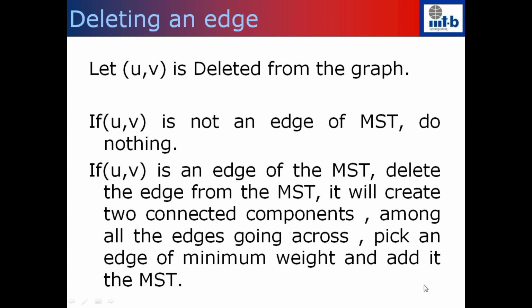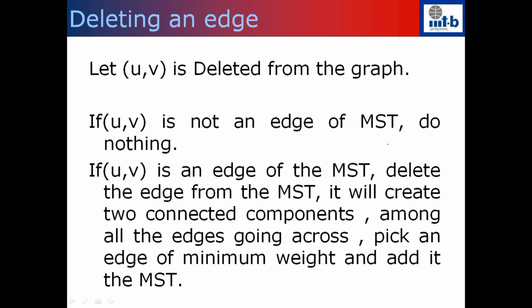When you apply BFS from u, you get all the vertices in the connected component containing u, and all the vertices which are in the other connected component containing v will not be visited. So now certain elements will be marked, and in the other component the elements will not be marked. You have to consider the edges which go across these two connected components, which is easy to do because we consider every edge and look at the endpoints, and if exactly one of them is visited and the other one is not visited, that means that it's going across the connected components.